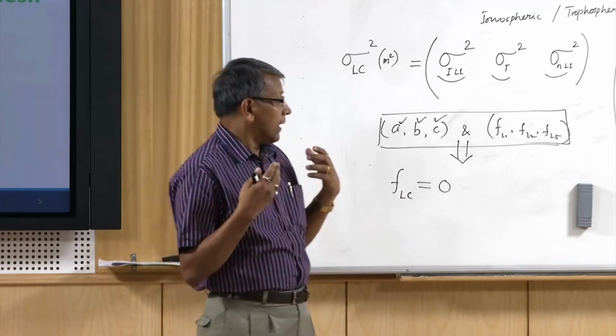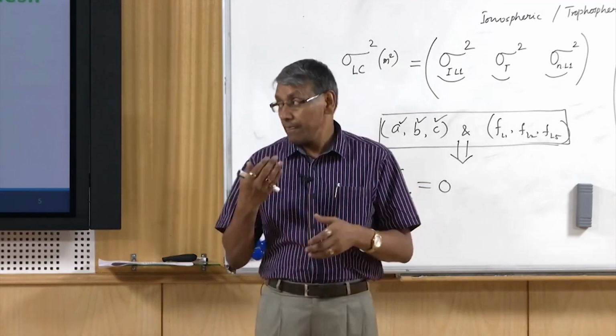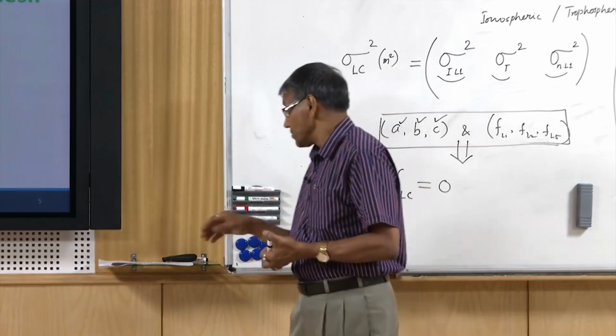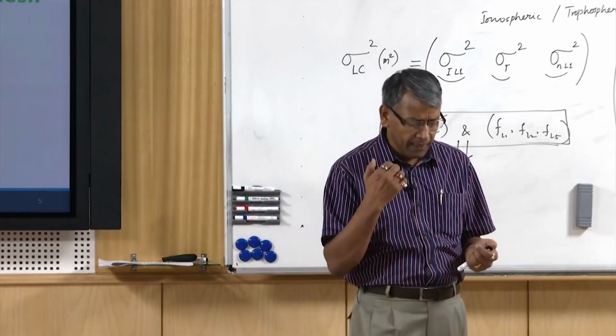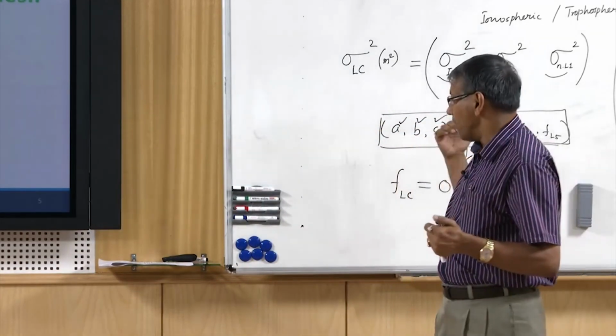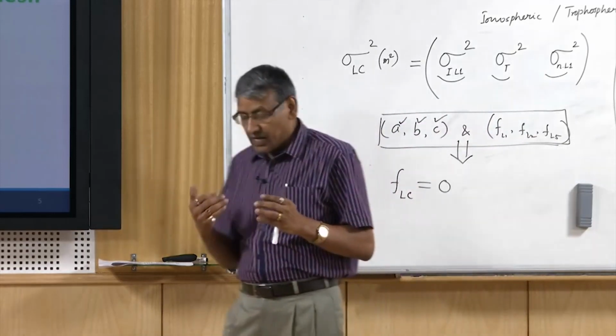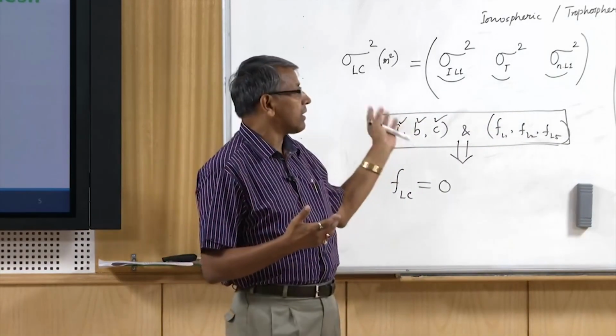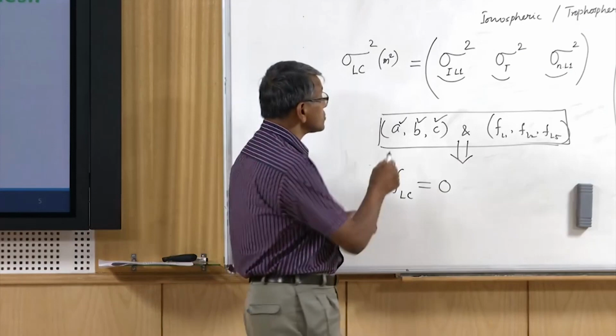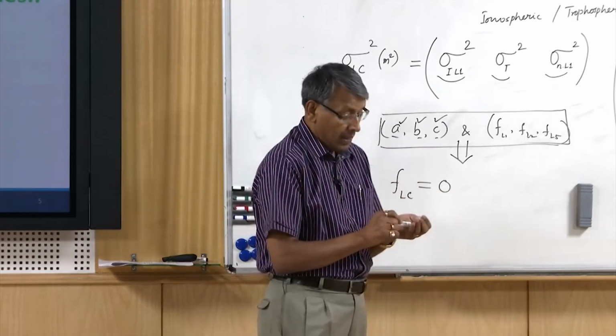So on these factors the quality or the amount of errors in the linear combination will depend. That means we have to choose the values of A, B, C.